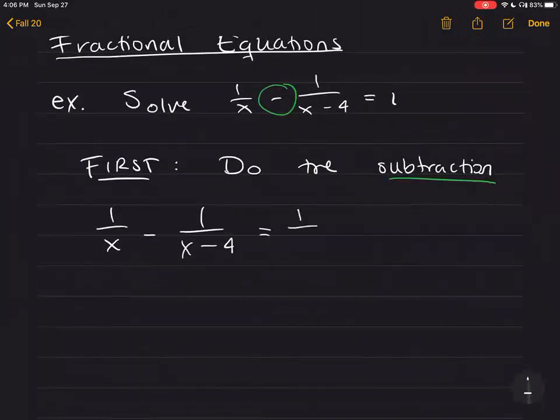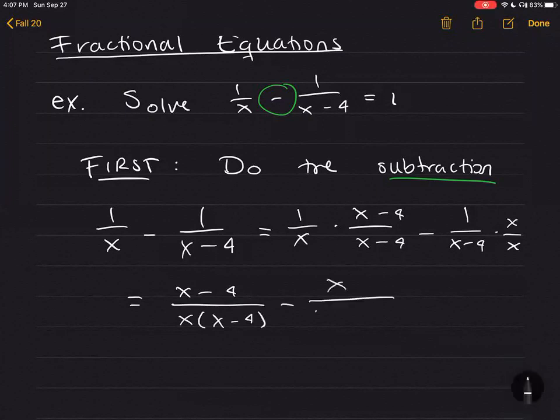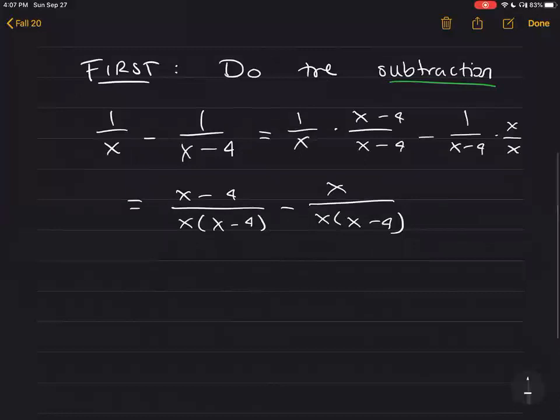So we'll do 1 over x times x minus 4 over x minus 4 minus 1 over x minus 4 times x over x. That gets us x minus 4 over x minus 4 minus x over the same. And now they've got the same denominator, which is good. So now we can subtract.